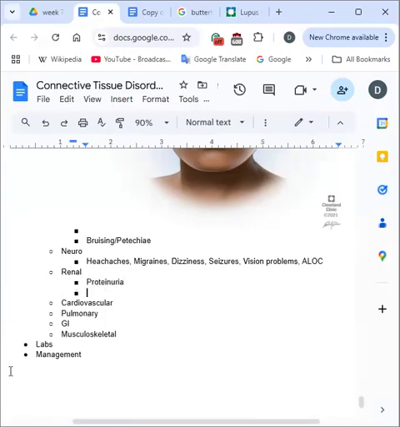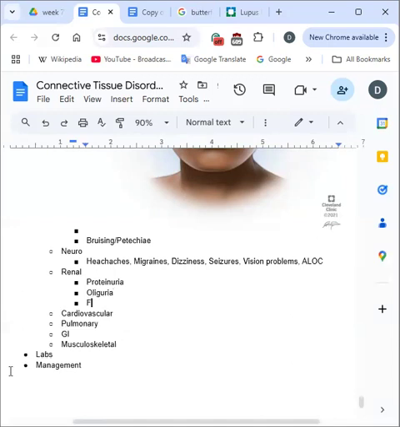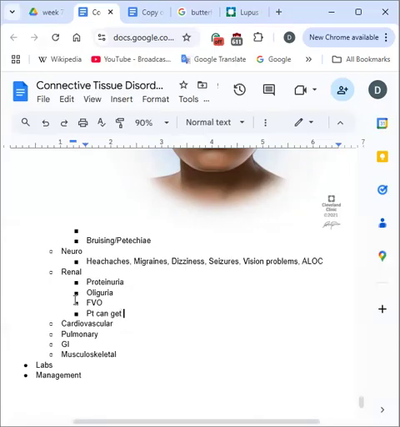Yeah, the proteinuria, oliguria, perfect. Generally, fluid volume overload. The patient can get glomerulonephritis, so that's the nephritic syndrome.